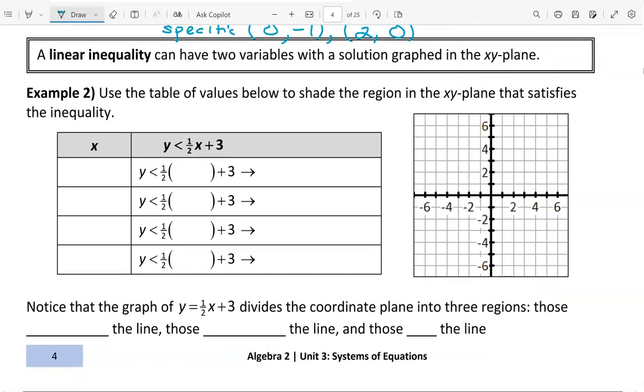Now we're going to move on to linear inequalities. Those are inequalities that have two variables, and the solution can be graphed in the x comma y plane.